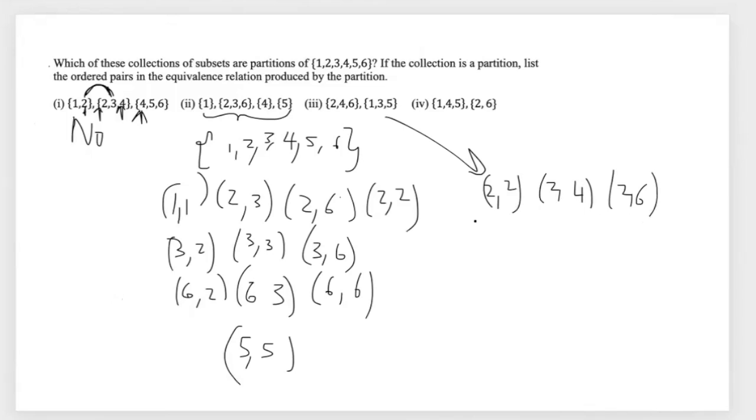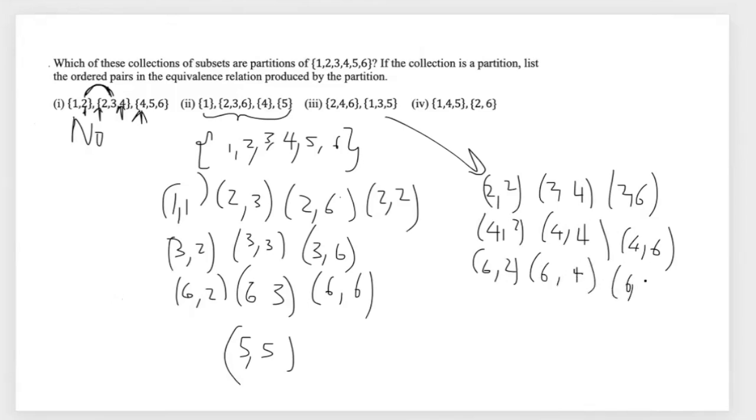Then you move on to 4. So it's going to be 4, 2, 4, 4, 4, 6. Then you move on to 6. So it's going to be 6, 2, 6, 4, 6, 6. And you're going to do the same thing for 1, 3, and 5.